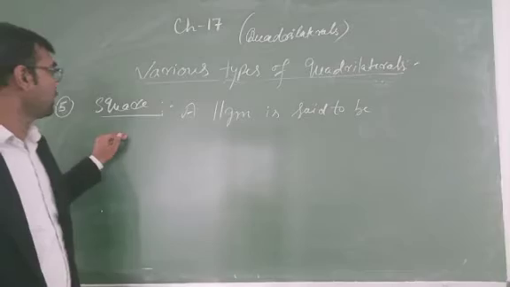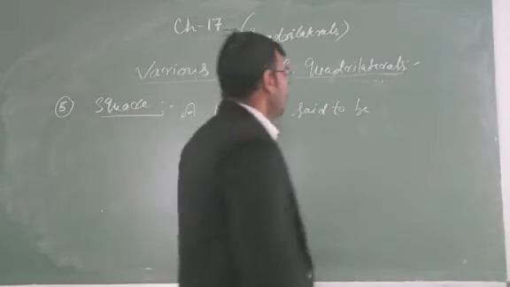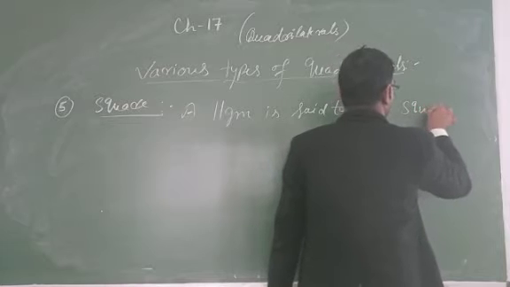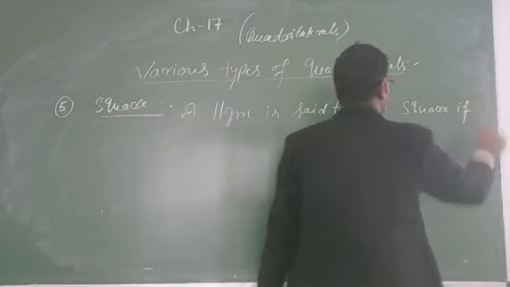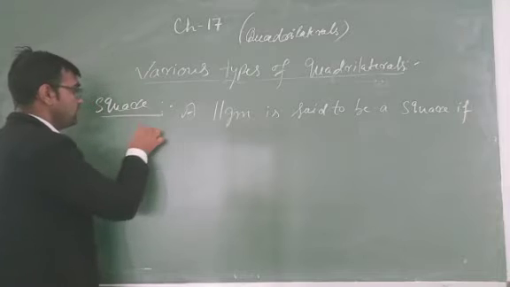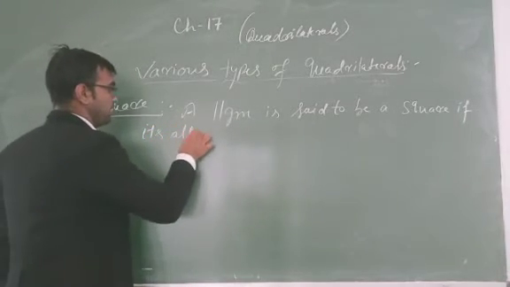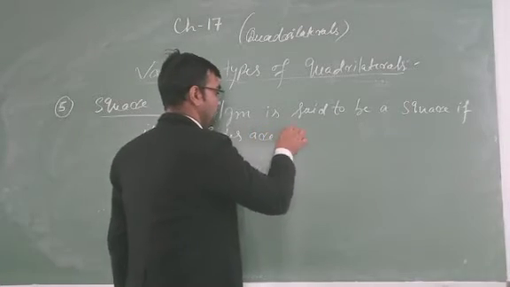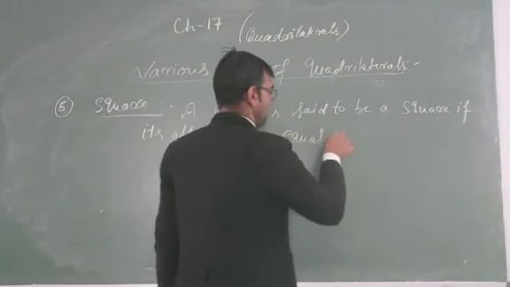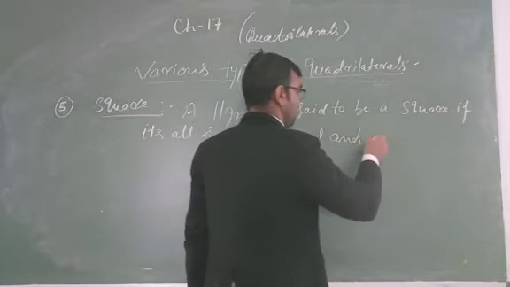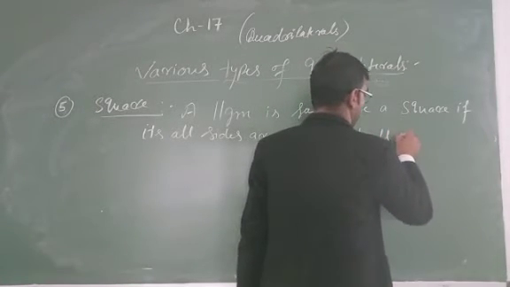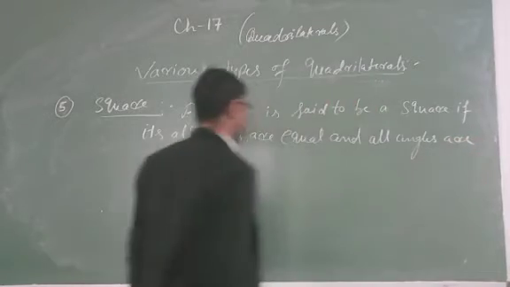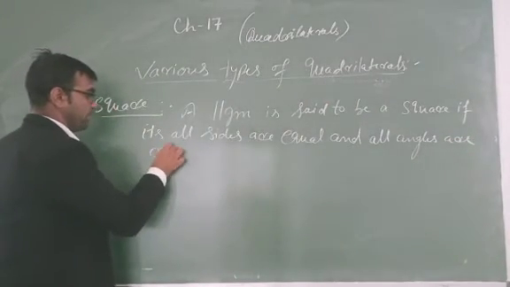A parallelogram is said to be a square if all its sides are equal and all angles are right angles.